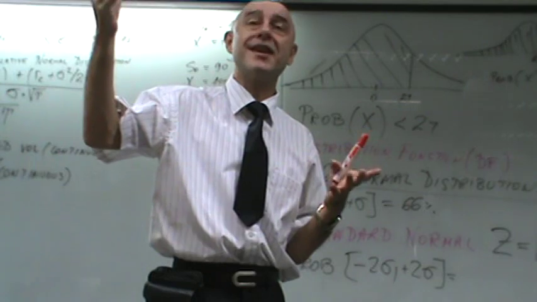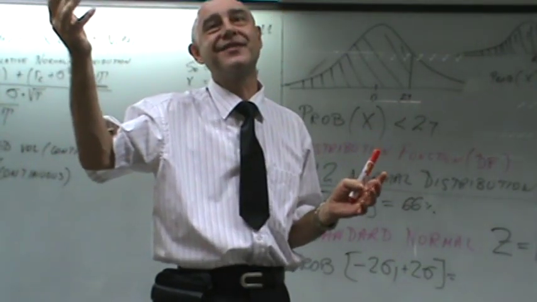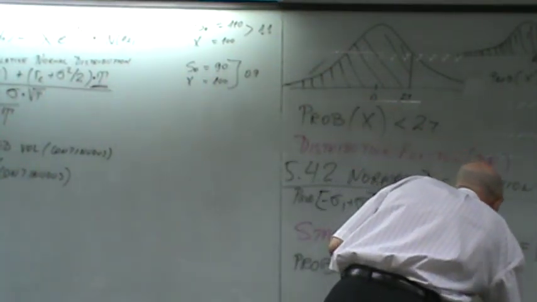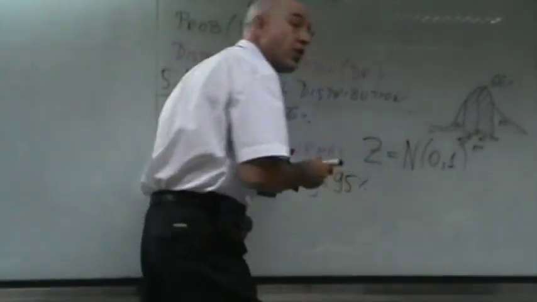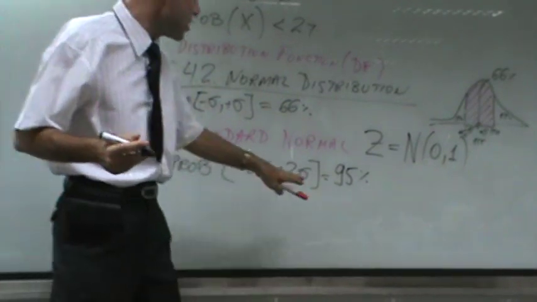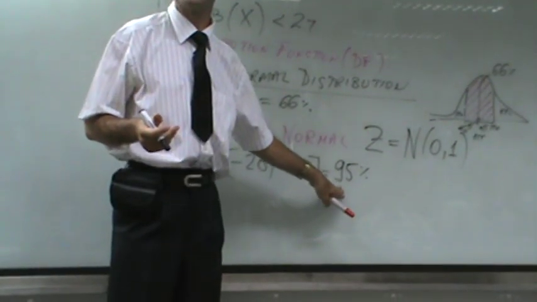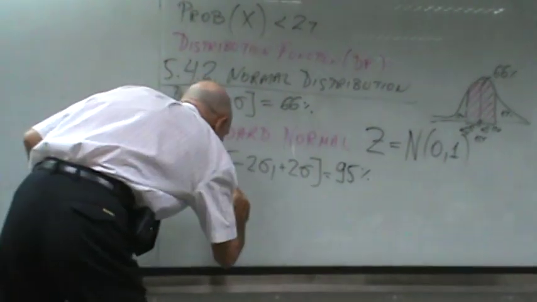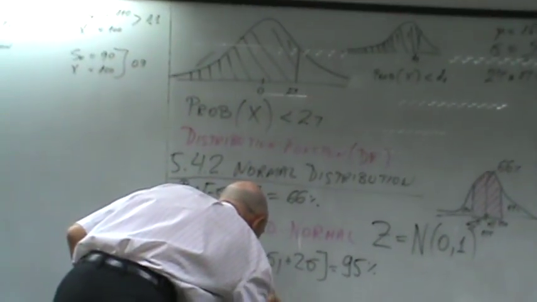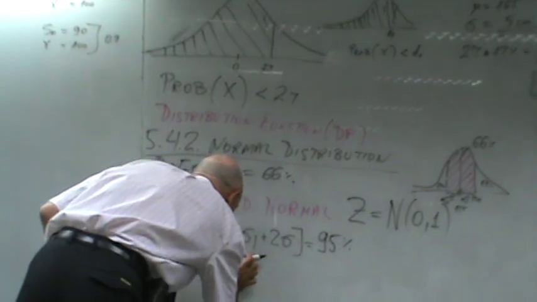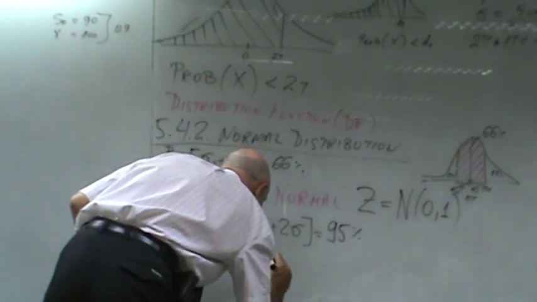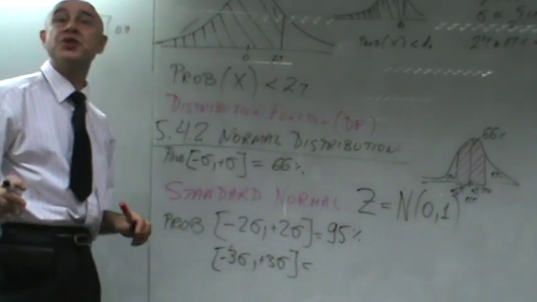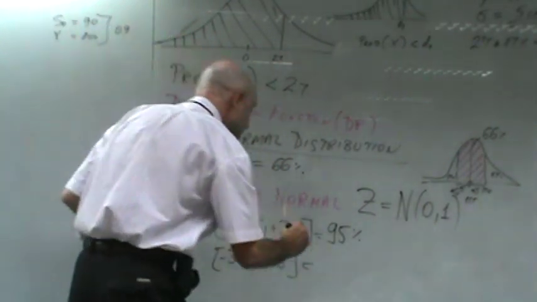Well, we like to round it to 95; it's about 95. So 2 sigmas will include 95% of the population. And 3 sigmas will include how much? 99%.